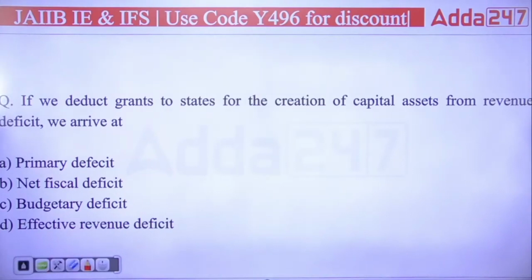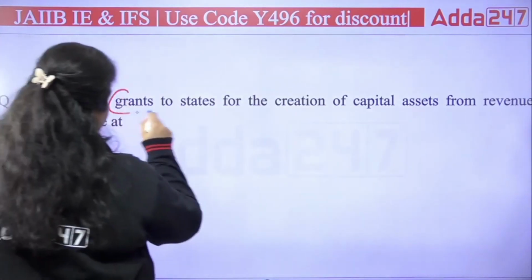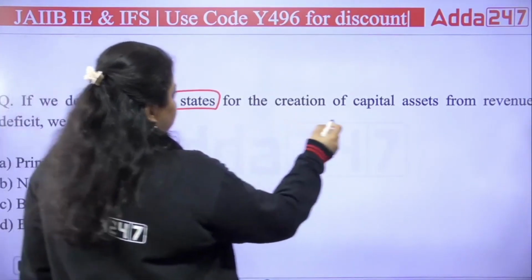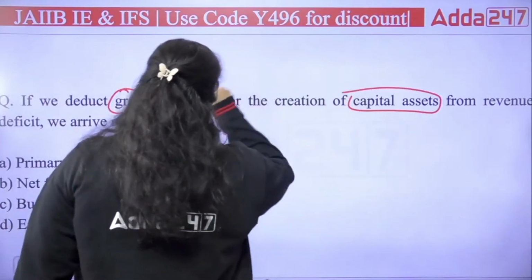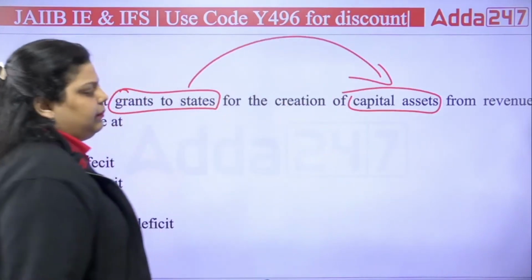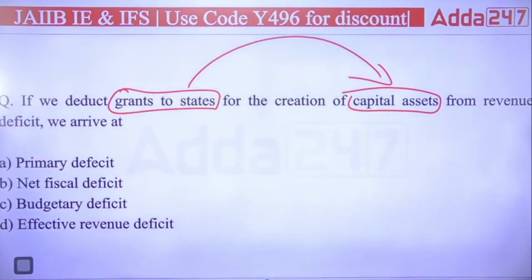Okay, now if we deduct grants to states for the creation of capital assets from the revenue deficit, we arrive at what? Primary deficit, net fiscal deficit, budgetary deficit, effective revenue deficit.